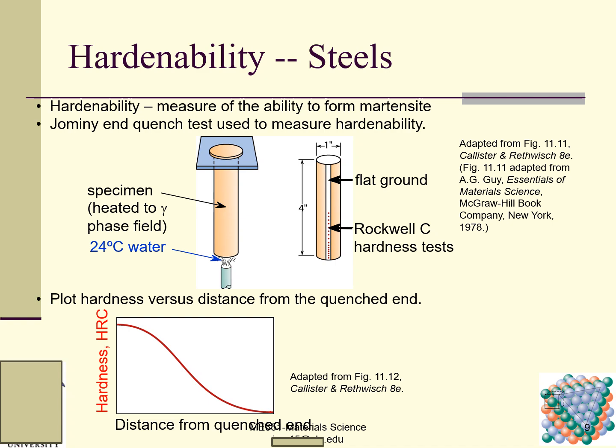Here is the specimen, heated to the gamma phase field, the austenite phase field. Then room temperature water is sprayed on this end of the specimen. We then measure the Rockwell C hardness value from this end to this end, along this line.